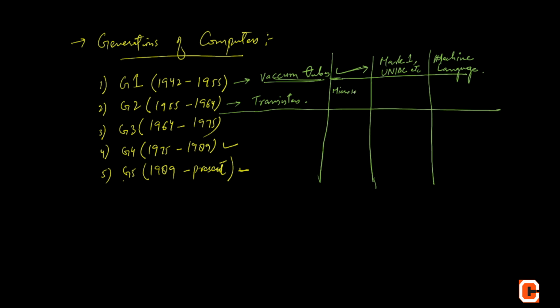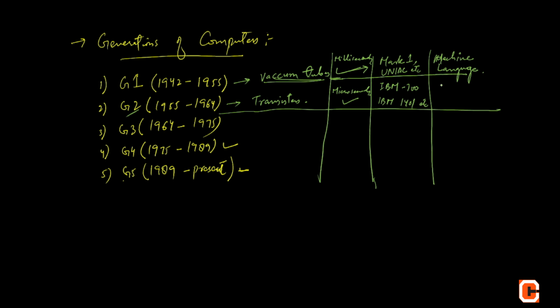The frequency of a processor was measured in microseconds here, while in generation 1 it was in milliseconds. A few examples are IBM 700 and IBM 1401, etc.